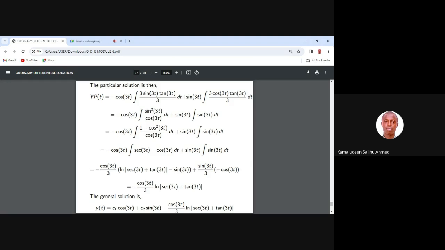Then plus, so what you have now in this side, sin 3t, you bring it down. This one is not that very complex. So here now, when you change this tan 3t to sine 3t over cos 3t, so 3 will cancel 3. Then cos will go away with this cos. You'll be left with only what?